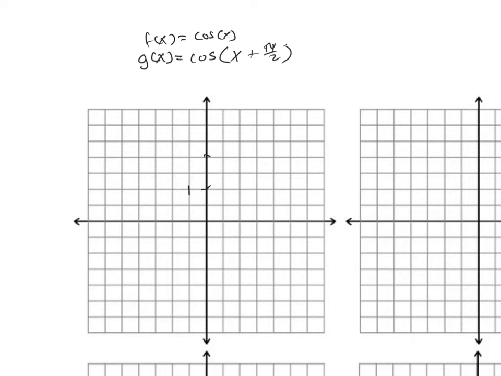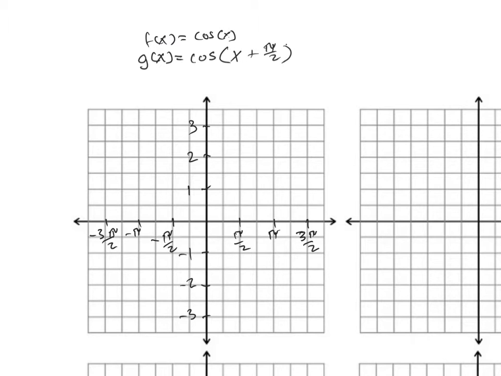Let's do this as 1, 2, 3, -1, -2, -3, pi over 2, pi, 3 pi over 2, negative pi over 2, negative pi, and -3 pi over 2.